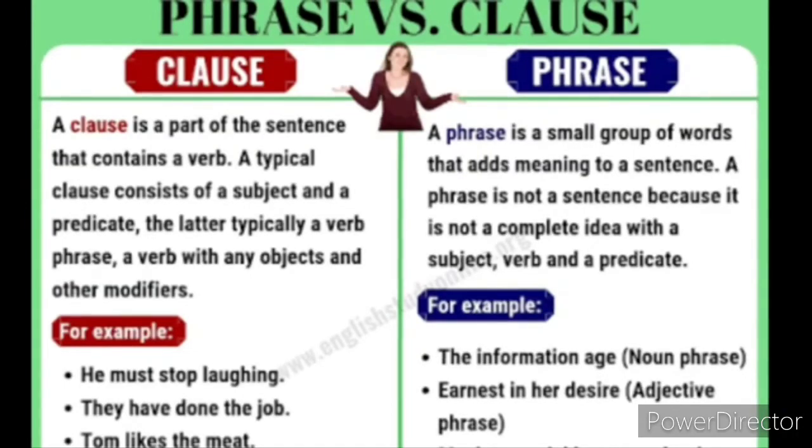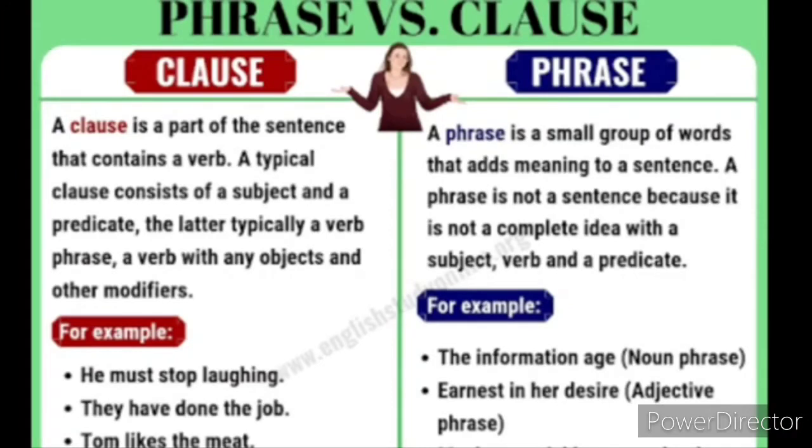Look at the few examples that were given for clause. He must stop laughing. So here we have subject as well as predicate and it gives complete meaning. And the second sentence, they have done the job. Here also we have the subject and predicate and it gives complete meaning.